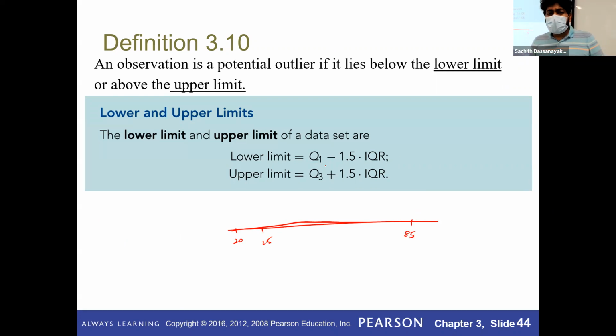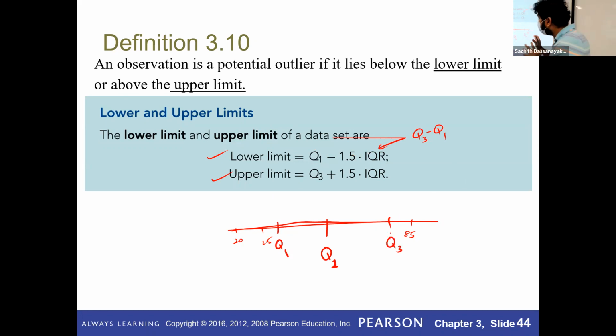Okay. Once you calculate Q1, Q2, Q3, you can calculate the lower limit and upper limit, because you know IQR means Q3 minus Q1. So in this case, you can find Q1, the median Q2, then Q3.